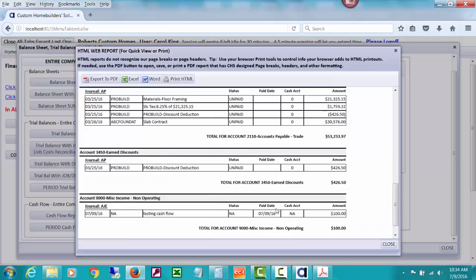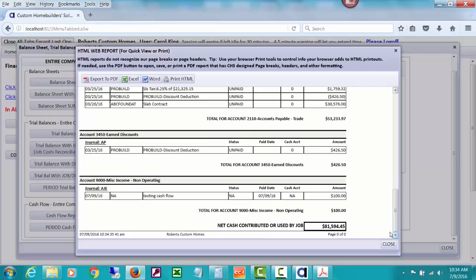Notice I'm down at the bottom of the report, but the journal AJE, where I put a journal entry in saying testing cash flow $100, notice this is 81,594.45. This doesn't have a cash account.